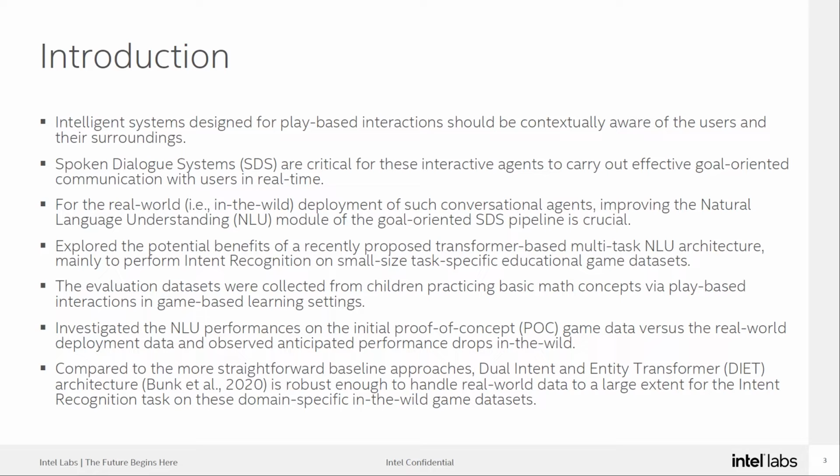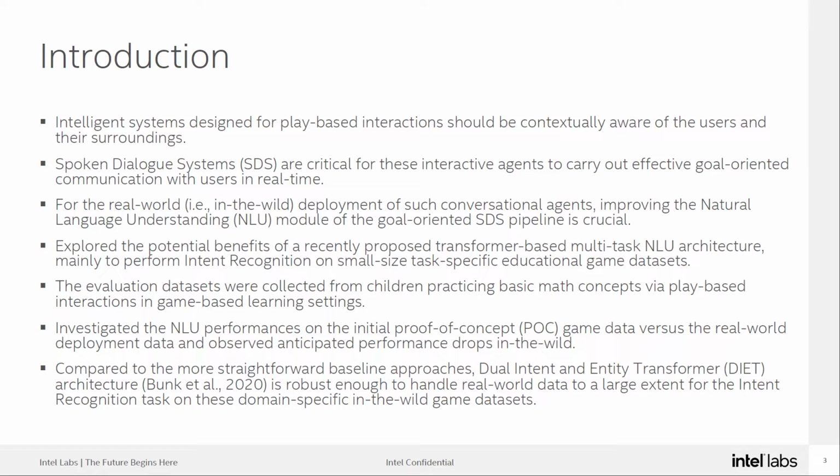So that's the motivation. And we evaluated the NLU performance on our initial proof of concept game data first. And then we compared it on the real world deployment data sets. So we want to see how much performance we're going to lose.